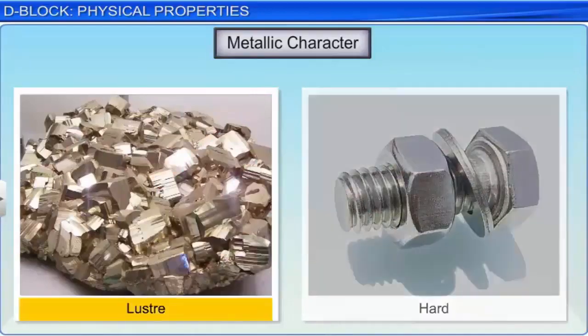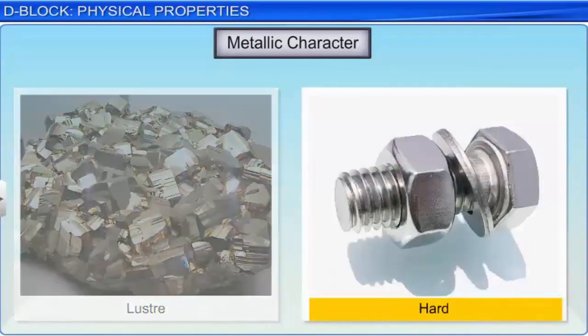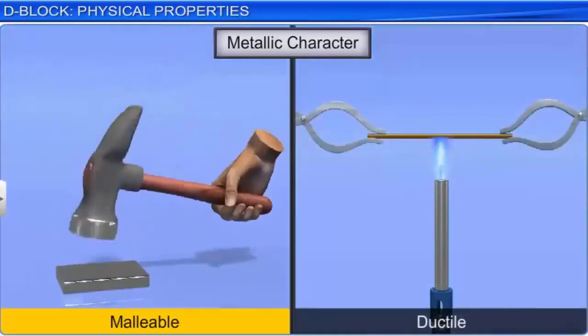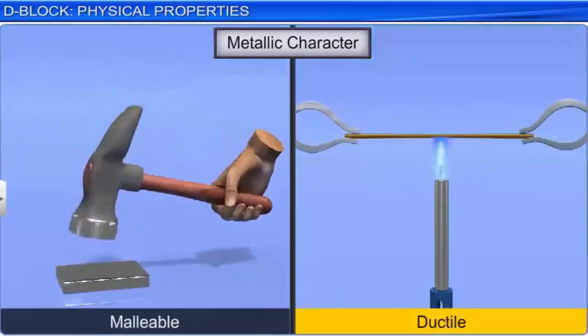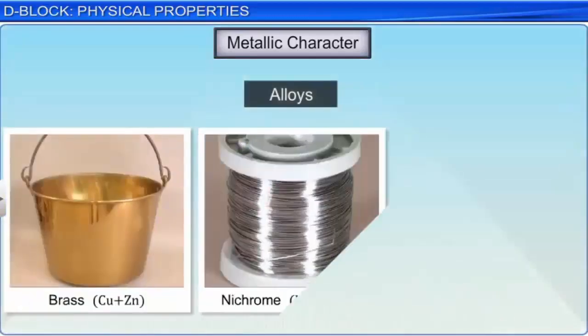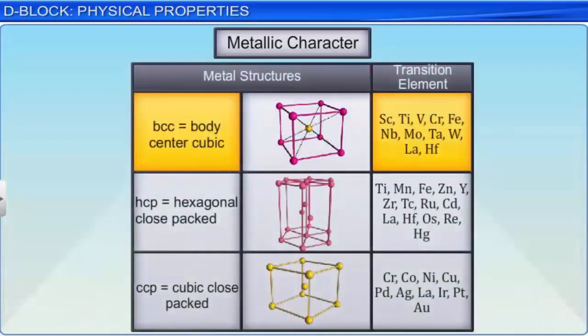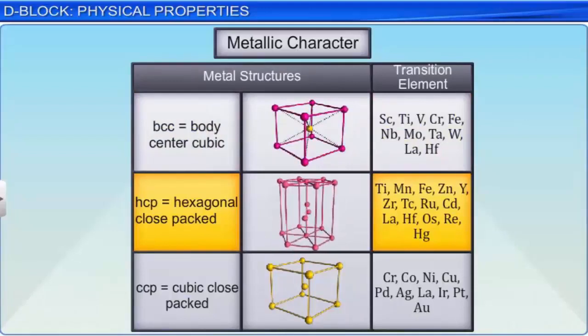They exhibit metallic luster and are hard. They are malleable and ductile. They form alloys with other metals. They have one or more typical metal lattice structures as shown in the table here.